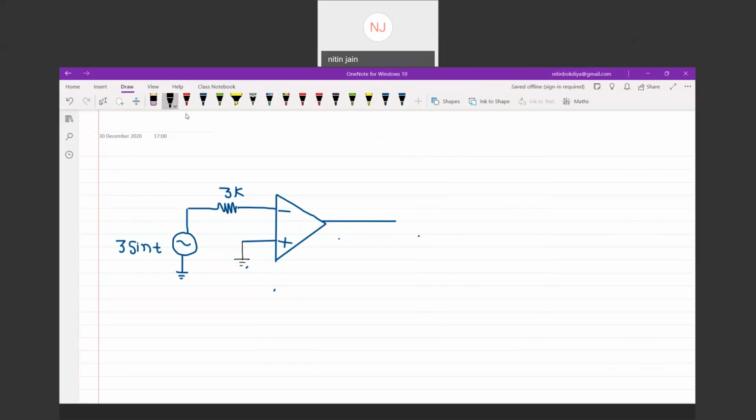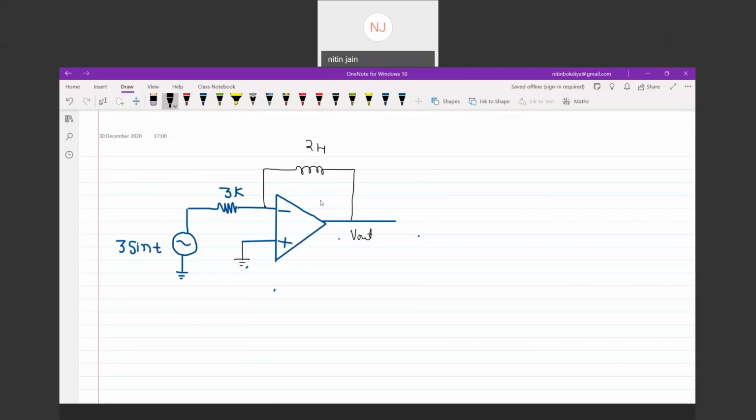Then we are having a 2 Henry inductor. What is the V output for this?